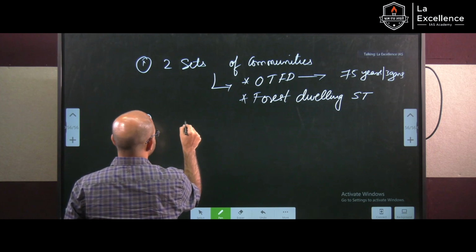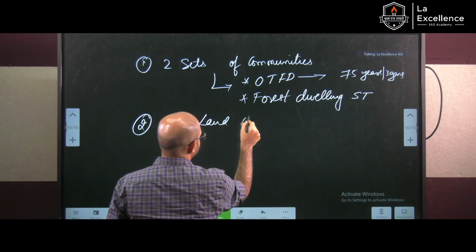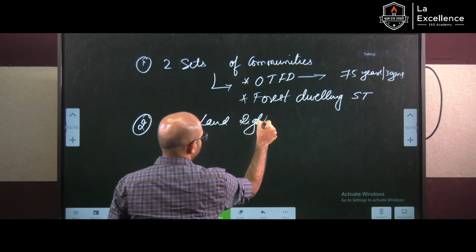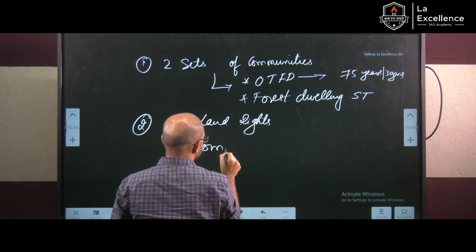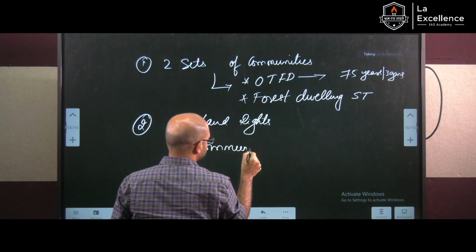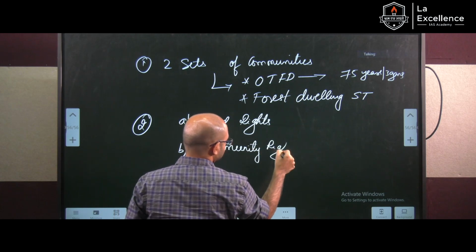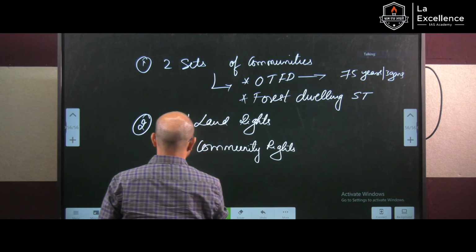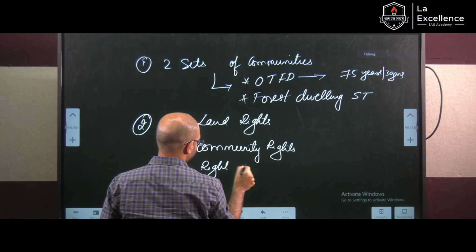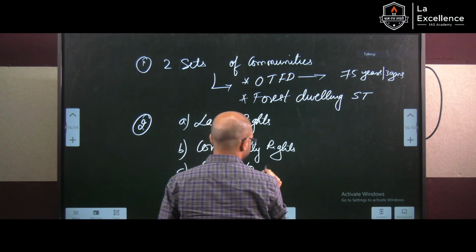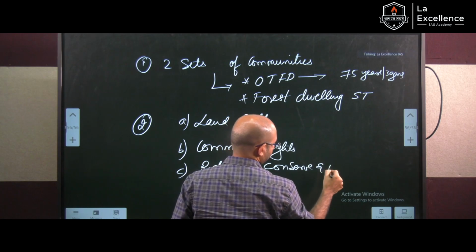It includes A. Land rights, B. It includes community rights. C. It includes right to conserve and protect the forest.